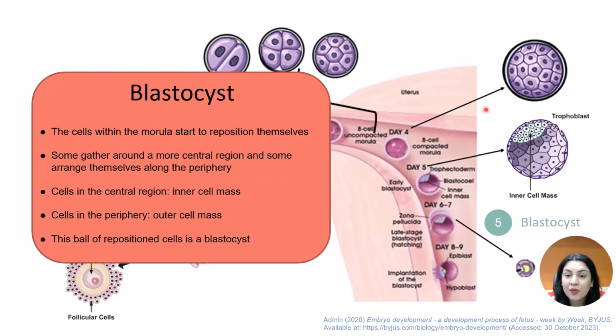Now the cells within the morula, so going from here toward here, you can see again it's starting to look different. So the cells within the morula are going to start to reposition themselves into basically 2 very distinct groups or populations of cells. And because again it started to look a little bit different, we rename it and now we call it a blastocyst.